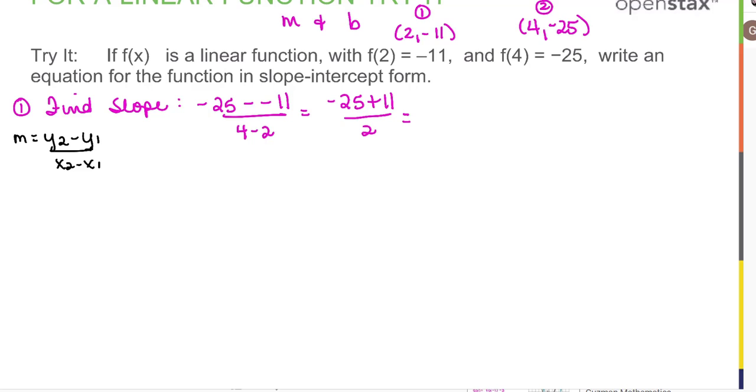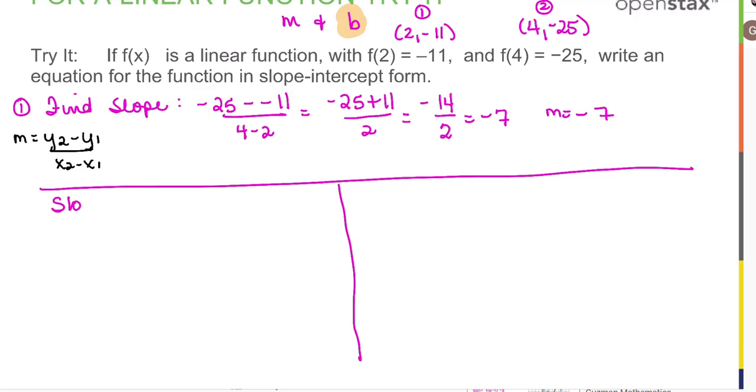Negative 25 plus 11 is negative 14, over 2, and we get negative 7. So the slope in this case is negative 7. Now we need to find our b. There are actually two ways to do this.